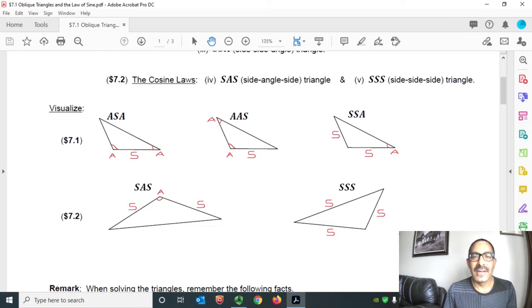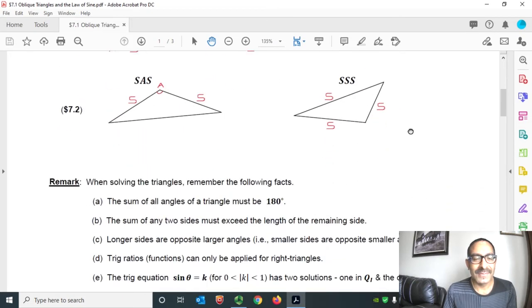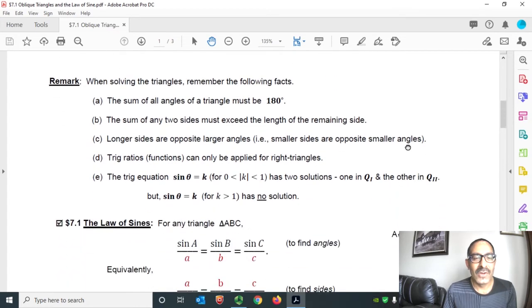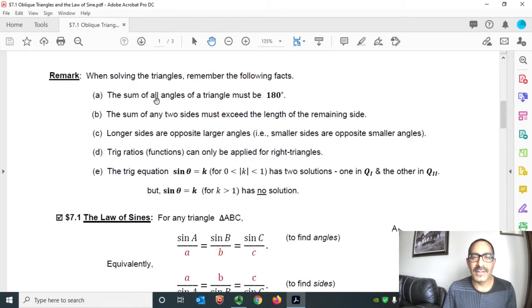Great. Now a quick remark before starting section 7.1. Let me scroll down. When solving the triangles, remember the following facts. The sum of all angles of a triangle must be 180 degrees. The sum of any two sides of a triangle must exceed the length of the third side.